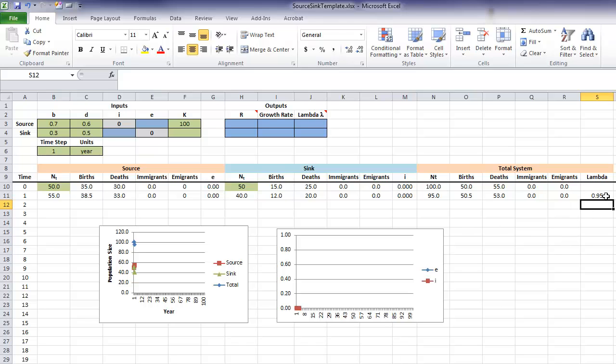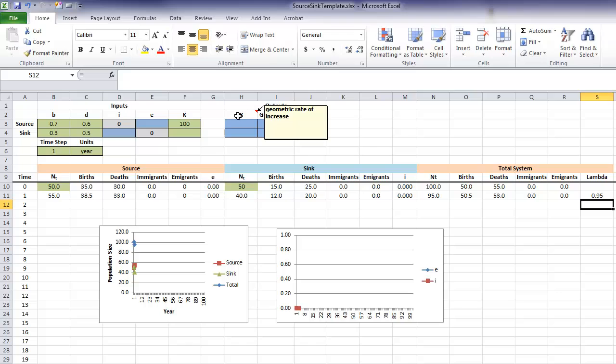So lambda, if you can remember, a lambda value of 1 means the whole population is stable. Lambda values less than 1 indicate the population is declining, and lambda values greater than 1 indicate that the population is increasing. And these are all related to the R parameters that Jed talked about.